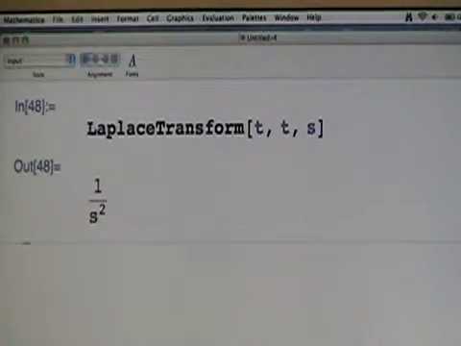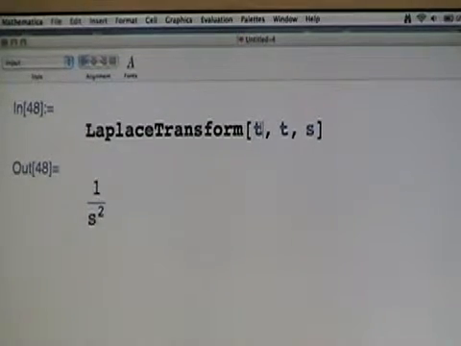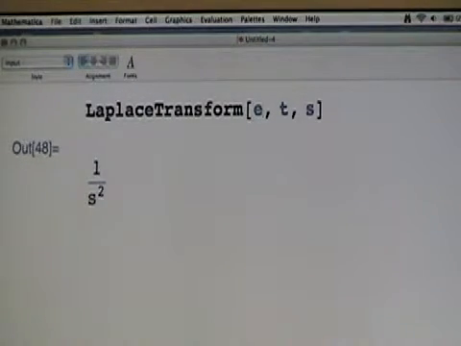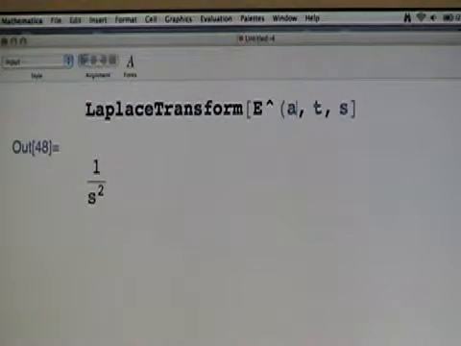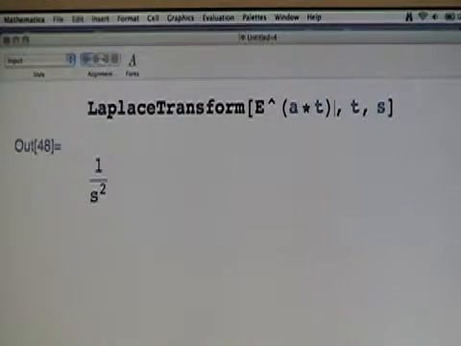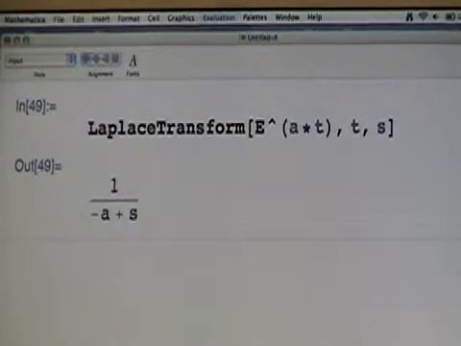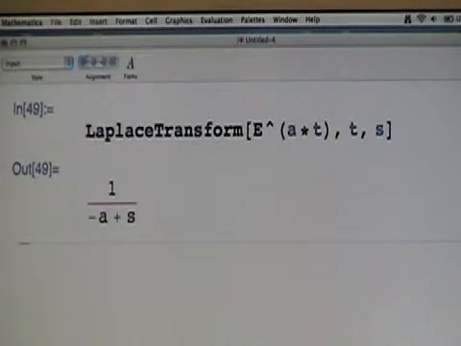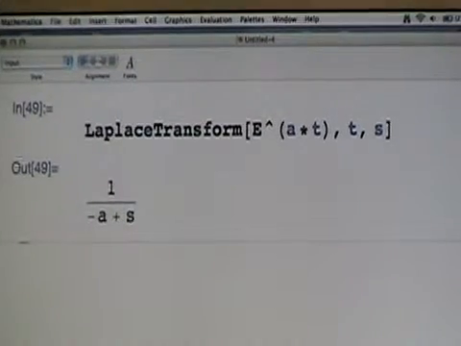The book's main example from section 6.1 is e to a power, e to the 2t, e to the 3t, or in general, e to the a times t, where a could be any constant. And the main result there is that the Laplace transform of e to the at is 1 over s minus a, would be the more traditional way to write it. That's a fundamental fact.